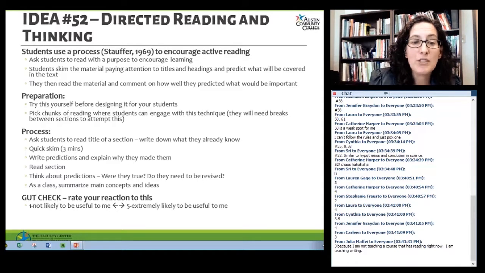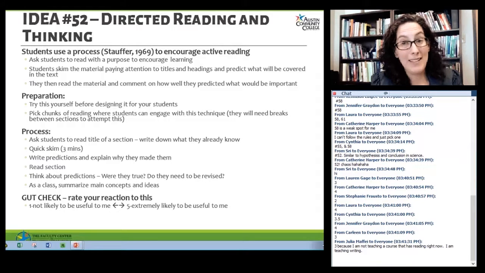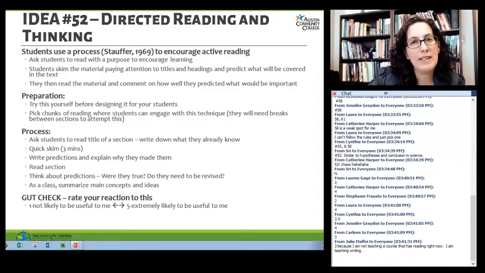Then you give them some time to read the section, and then after that, a few minutes to think about the predictions that they made and decide if they were right, like were they right on, or do they need to make some changes. As a class, you then summarize the main concepts and ideas.